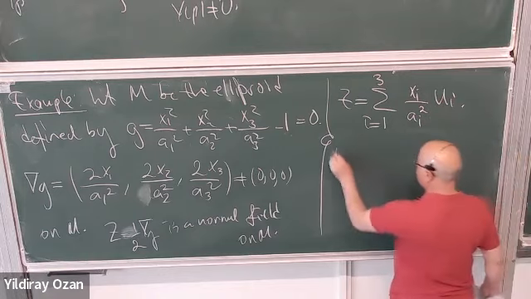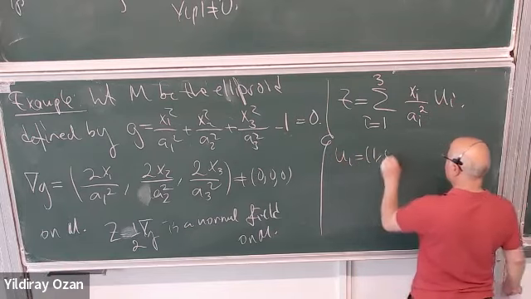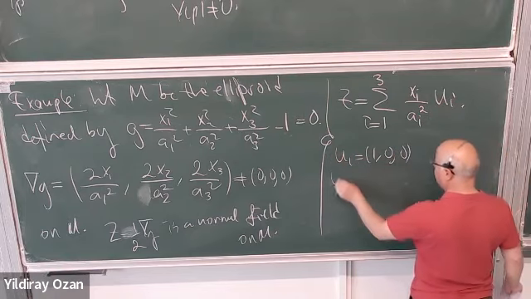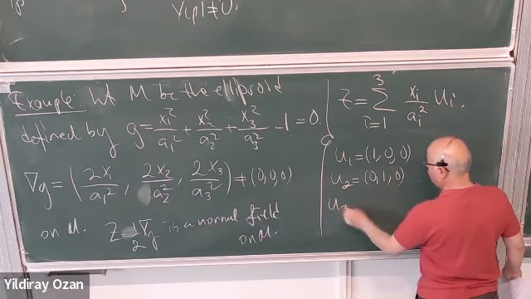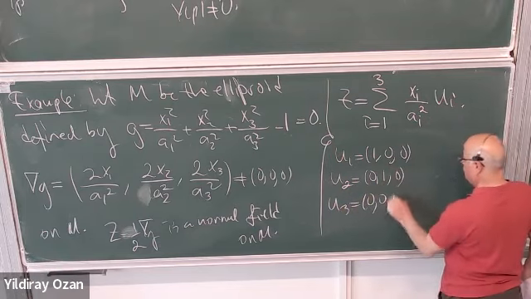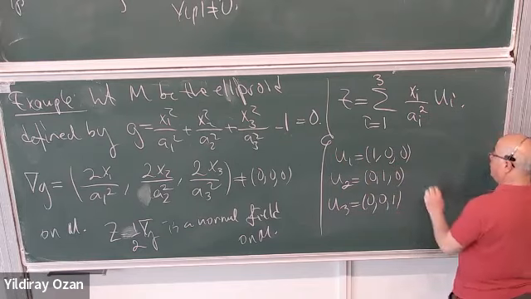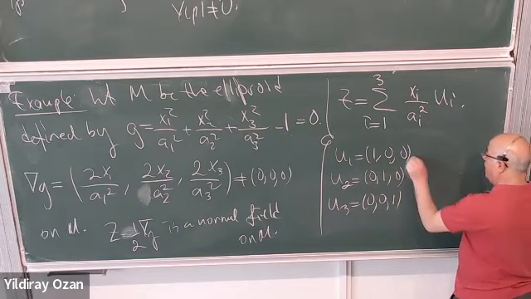So u1 is 1, 0, 0 at any point, u2 is 0, 1, 0, and u3 is 0, 0, 1. So they are constant vector fields.